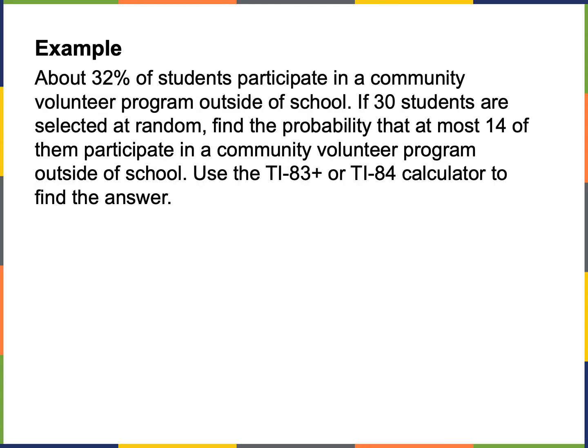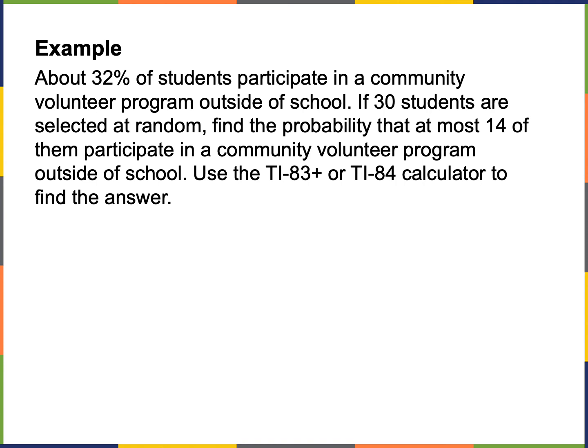Okay. So let's do this example. About 32% of students participate in a community volunteer program outside of school. If 30 students are selected at random, find the probability that at most 14 of them participate in a community volunteer program outside of school. Let's use the TI-83 or 84 calculator to find the answer.